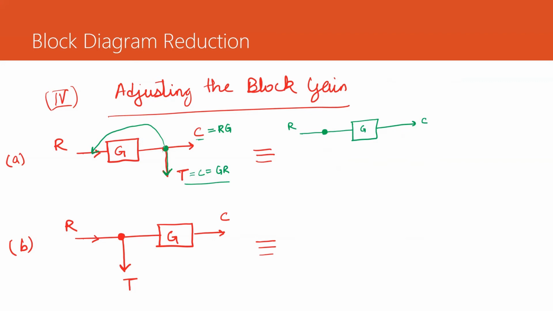So when we move the takeaway point before a block, so we have this particular G block and I am moving this takeaway point before the block, then I have to add one similar gain block over here, so that the output could get matched with the previous condition.